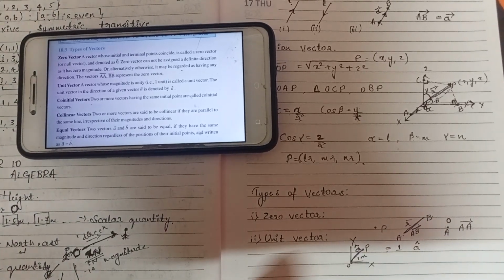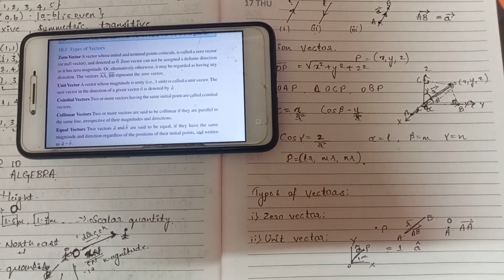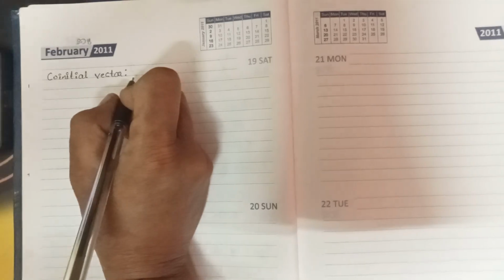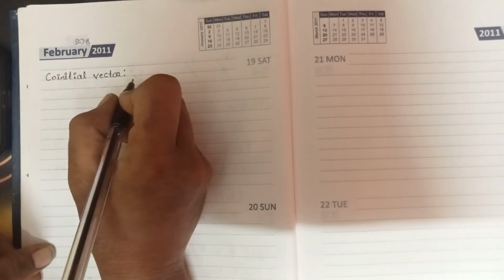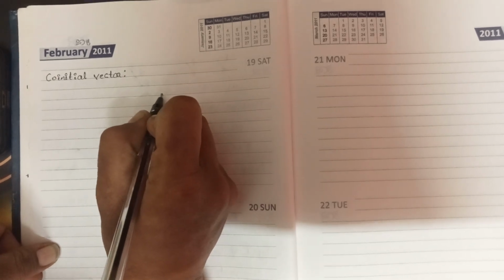Now the next type of vector is the co-initial vector. Co-initial vector means here the vectors will be having the same starting point.